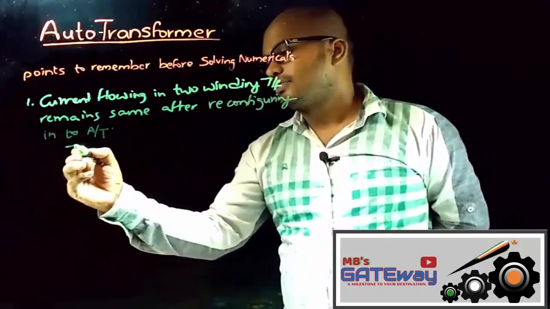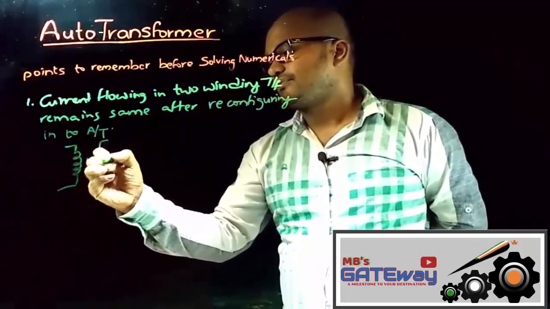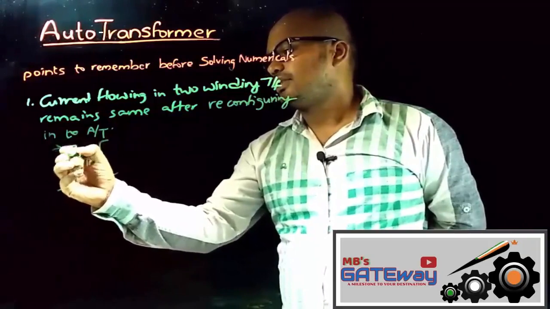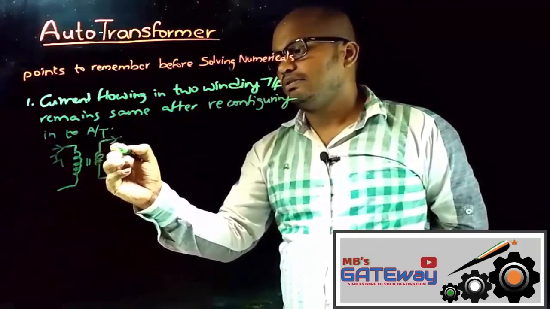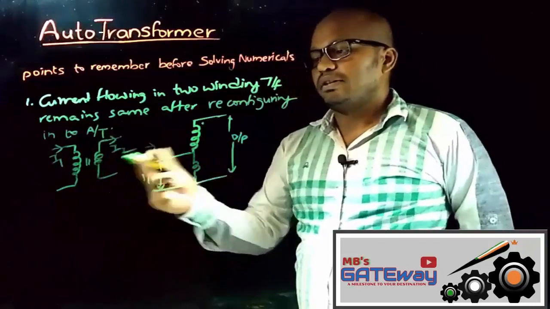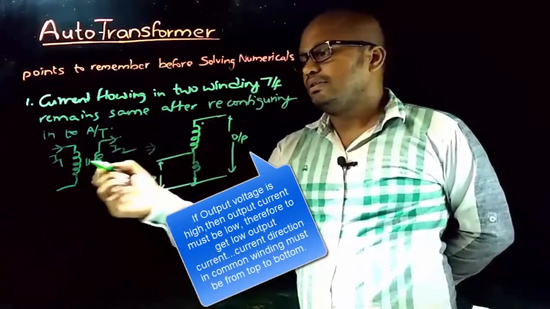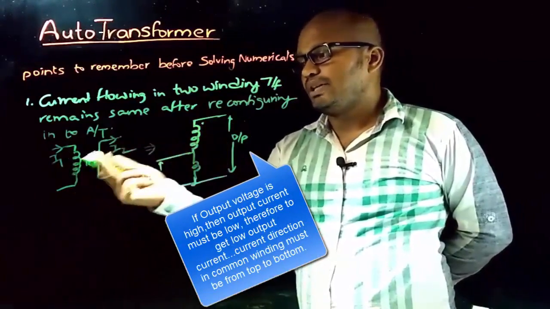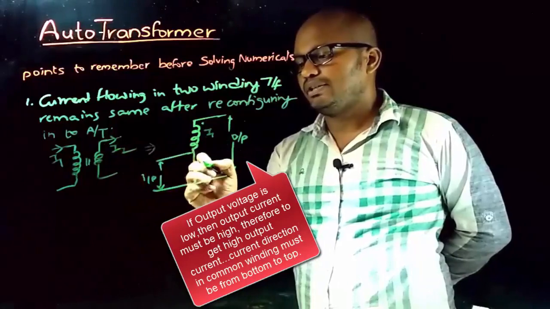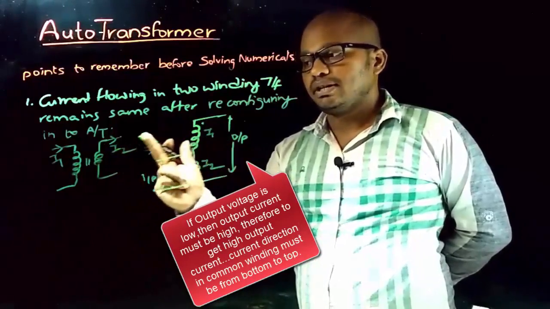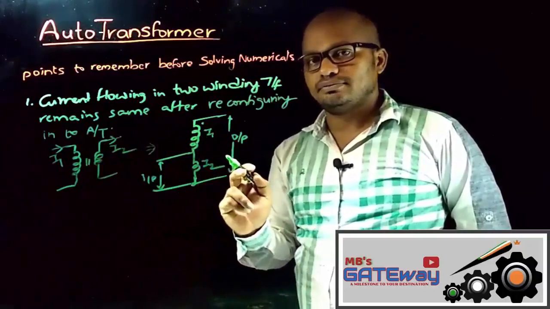That is, if this is the two winding transformer and let the primary current be I1 and let the secondary current be I2, and if this is reconfigured to autotransformer like this, then the current flowing in primary winding is I1 and the current flowing through secondary winding is I2. That is, after reconfiguring, the currents in the windings will not change.